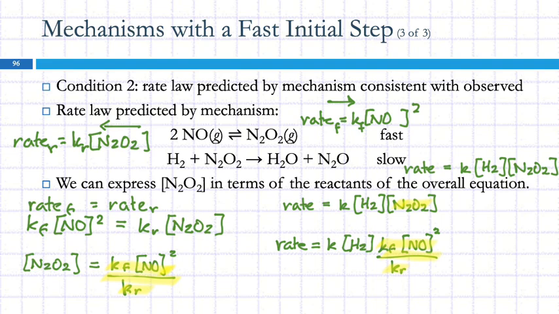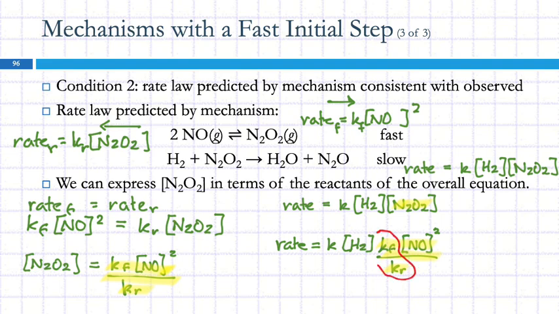Well, that kind of looks like a mess, doesn't it? Now we've got 3 rate constants in here. None of these individual rate constants is meaningful at all. What we can do is lump them all together and say, well, it is a constant. We'll call it something else. We don't want to give it the same name as any of these things. So maybe we'll call it K prime.